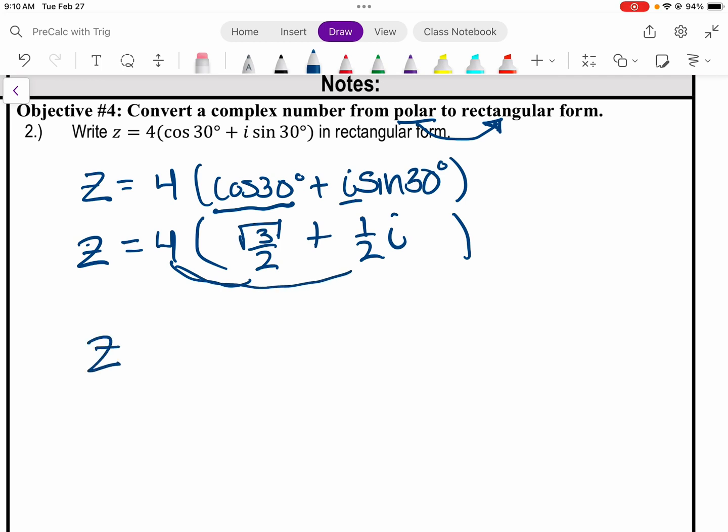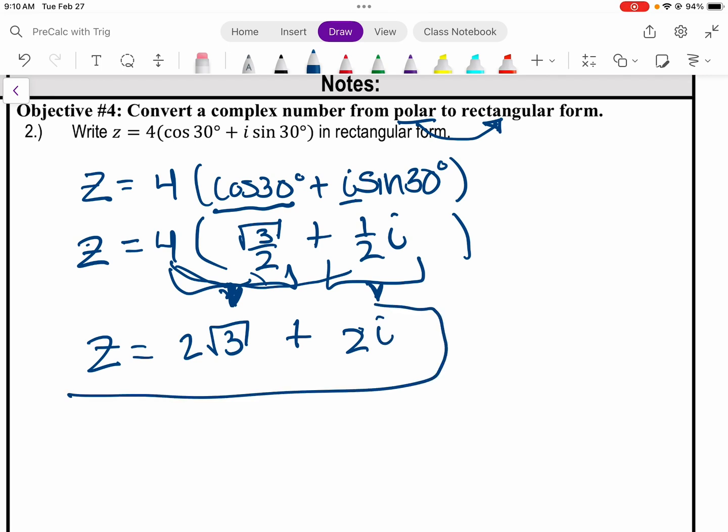So z is going to equal, if you multiply this by 4, 2 radical 3. You guys can do the math there. And then if you multiply this by 4, that's going to be 2i. Again, you guys can do the math for that. And that's it. That is your rectangular form.